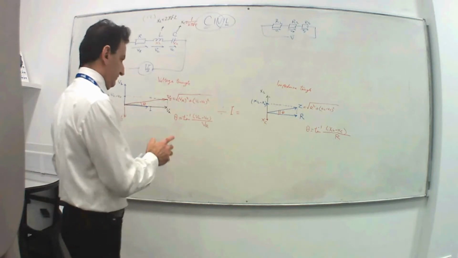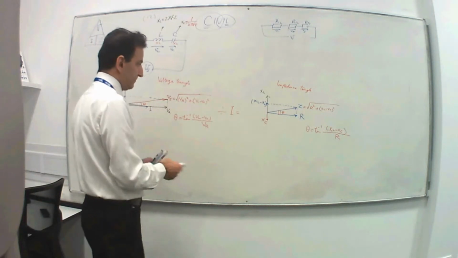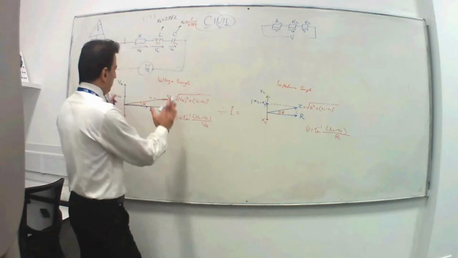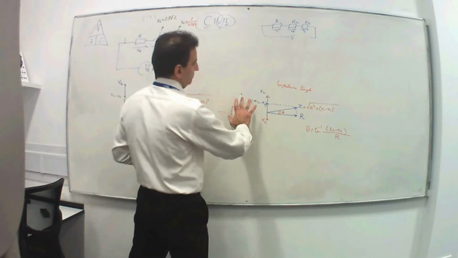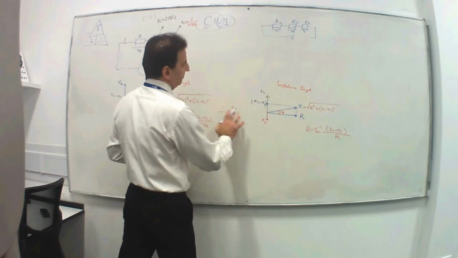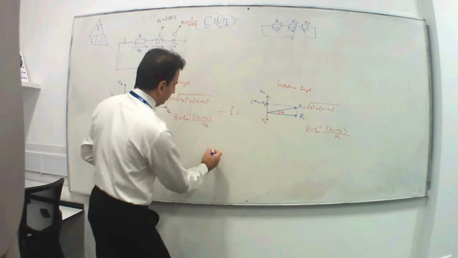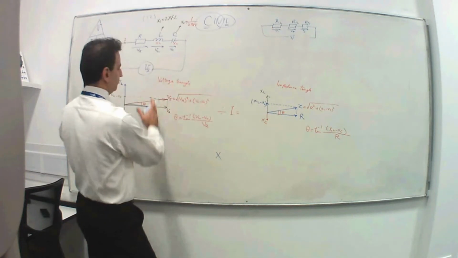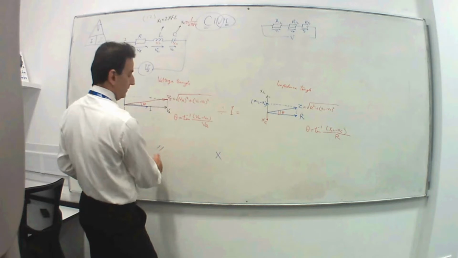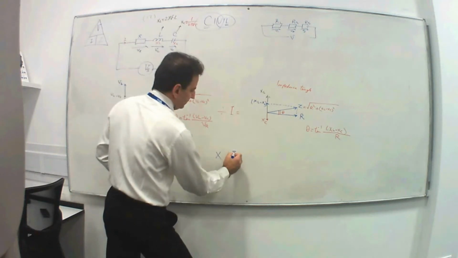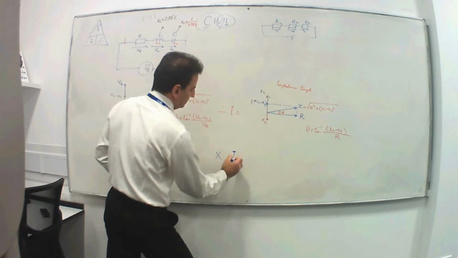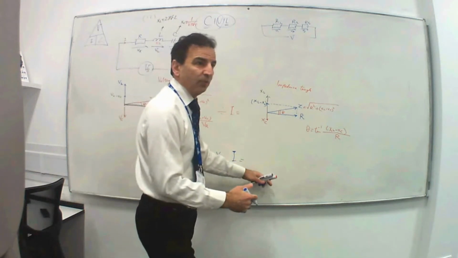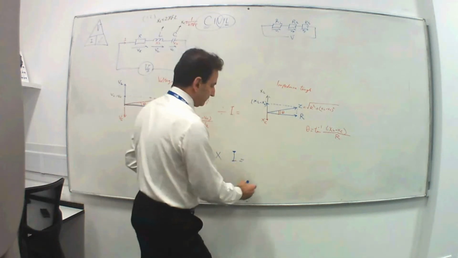Now, before I wipe this, we said if you have the voltage, in this case we divided it by current to find impedance. If I times this by current, you'll get to the power triangle.